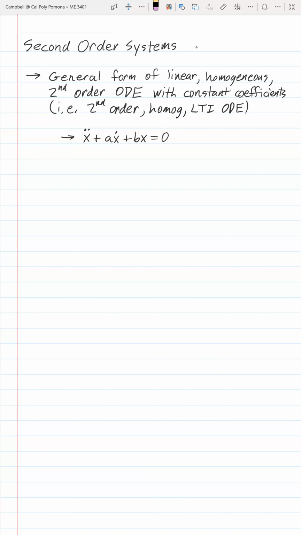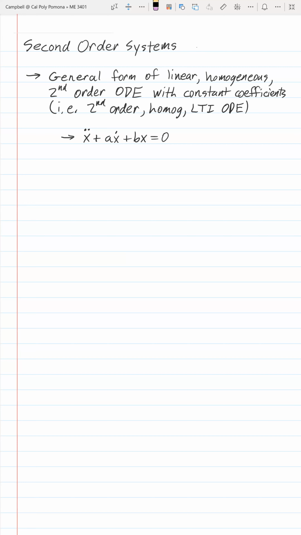And you might be saying, well, Professor Densmore, what happened to the possible leading coefficient for the x double dot term? Since this is a homogeneous equation, I just multiplied the entire equation through by 1 over that constant, making the coefficient for x double dot unity. And then the other constant coefficients just became different constants.